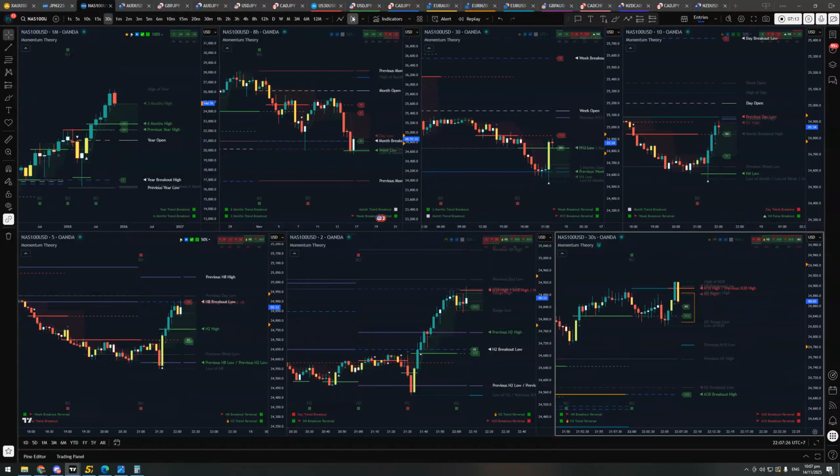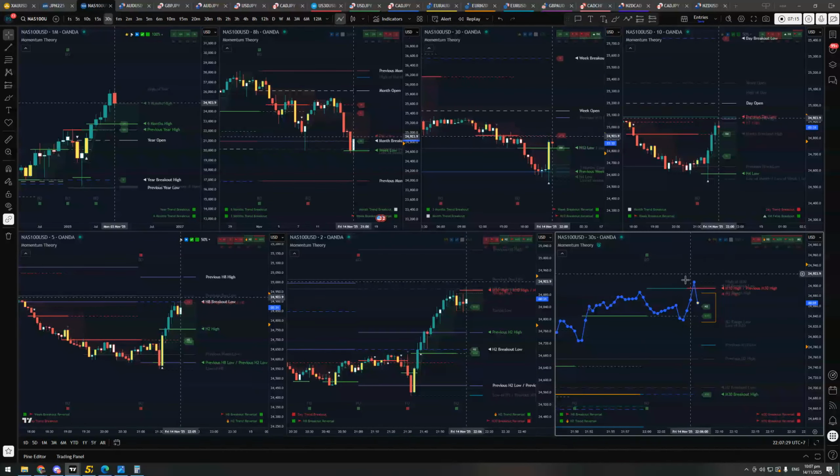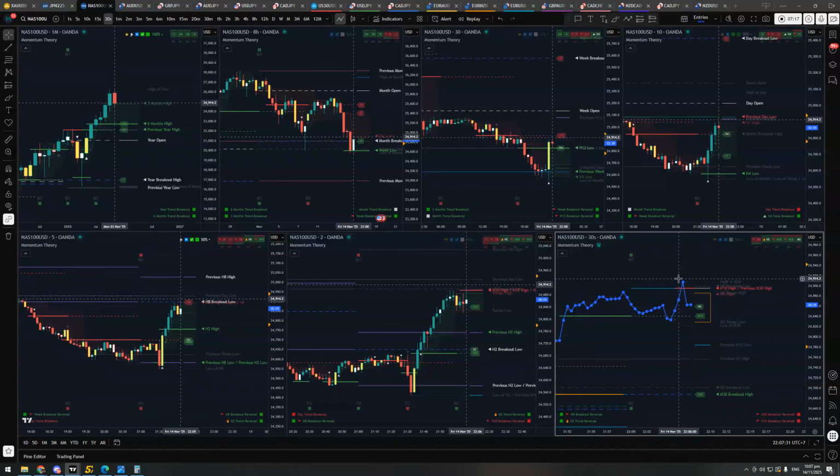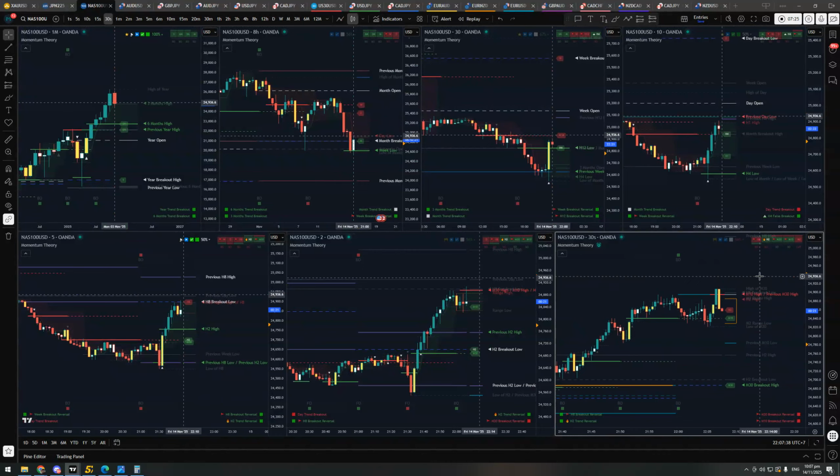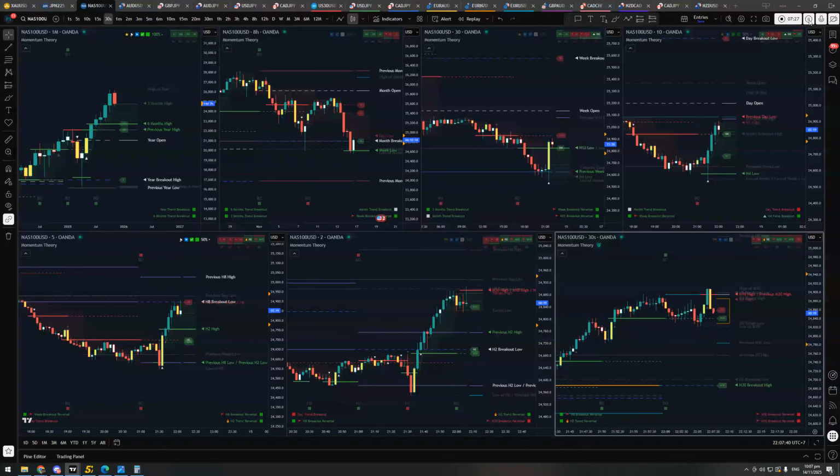So again, I'm only looking at closing price. Don't care what anything is doing. Now that we've closed below, this is no longer valid. I need to see it close above. So now again, we're just waiting.